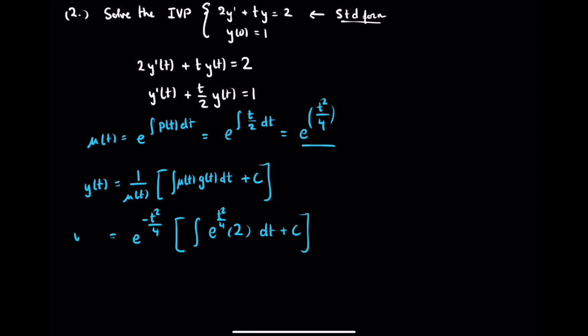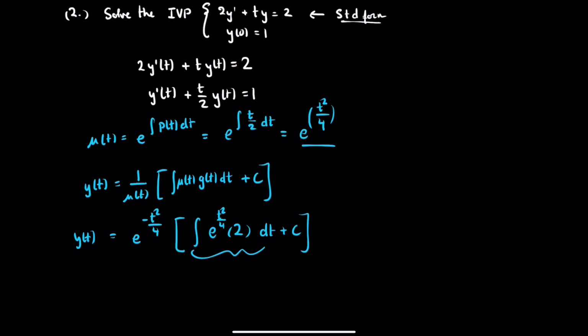So that means we have to take this ugly integral, and let me save you the headache. This we cannot write as some elementary function. This is beyond the scope of this course.